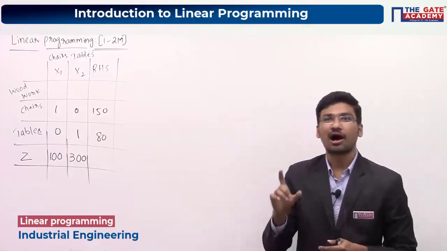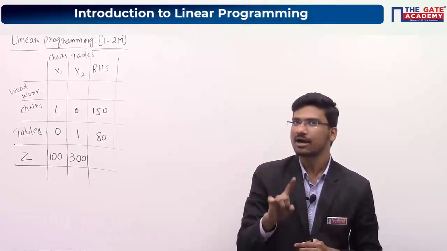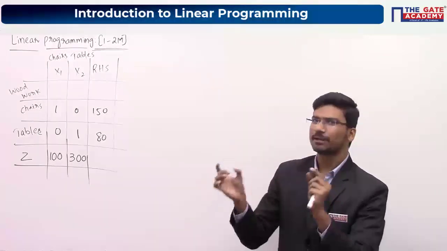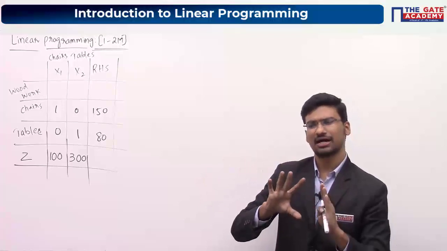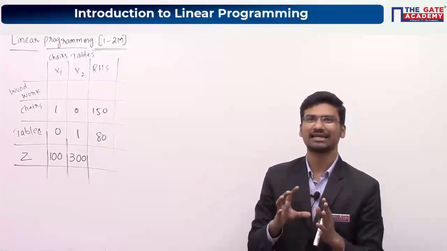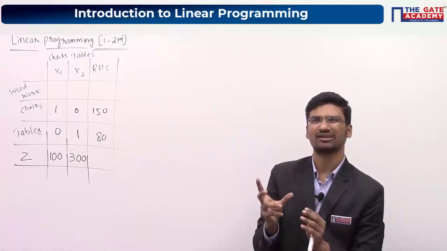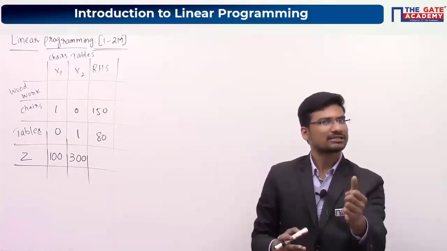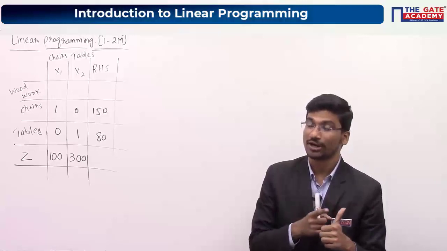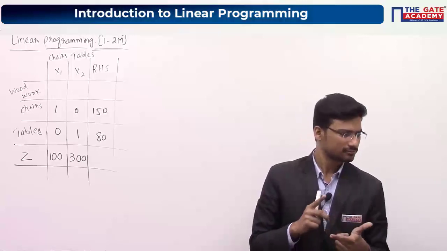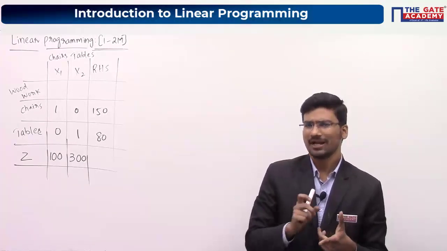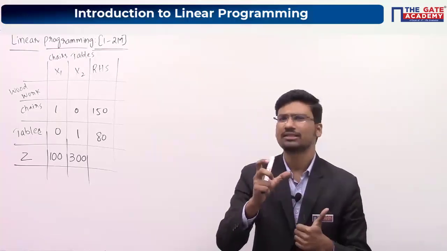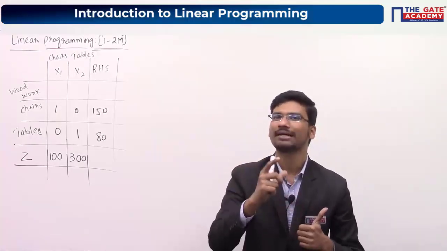To convert this statement, I am just taking the help of time period to convert it into a constraint. They are saying that they can manufacture either 200 chairs or 100 tables. That means if they are manufacturing 200 chairs, which is the maximum limit, then the number of tables manufactured by them will be 0.